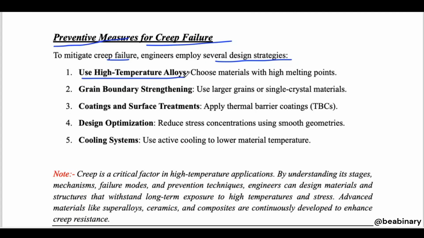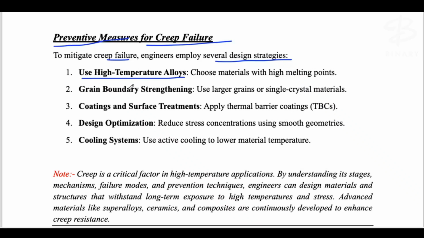We must design a material which can resist temperatures up to 600 or 700 Kelvin, so that we do not have creep formation or creep phenomena inside the material. This is the way we can avoid creep failure.